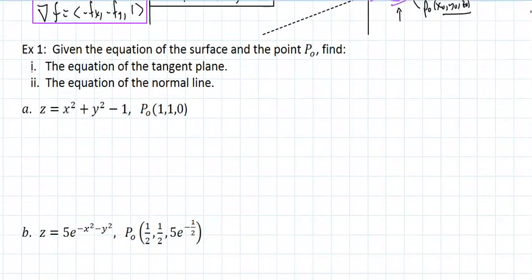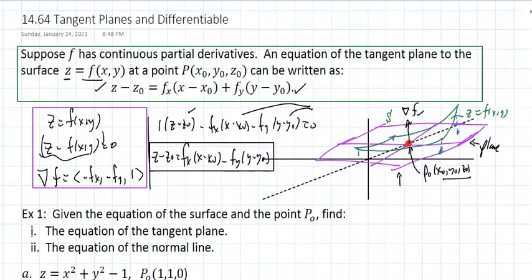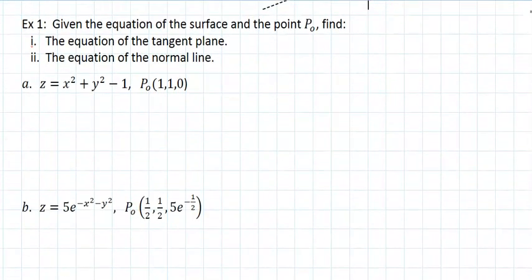So start with the example. Given an equation of a surface and the point P naught, find an equation of the tangent plane, equation of the tangent line. Now here they tell us z equal, so I'm going to do this. So in parts a and b z equal, I could use what they have here, sort of like y minus y1 equal m into x minus x1, if you think about it, in 2 dimensions.